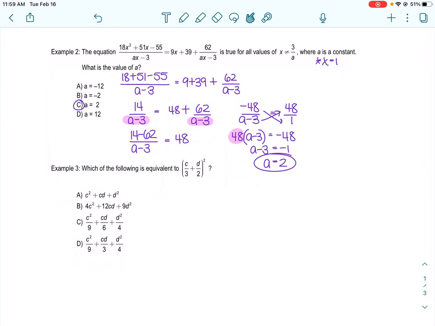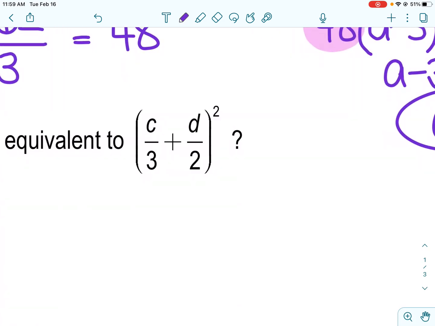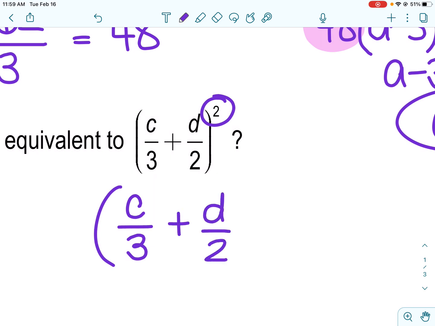Okay, example 3 here. Couple choices. Again, you could plug in values. Okay, or this one actually isn't too bad to just kind of do. I don't know if you guys agree with me on that. We'll see. Okay, squaring something means to multiply it by itself, right? So I'm going to multiply c over 3 plus d over 2 times itself.